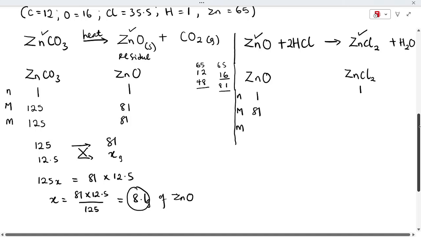For zinc chloride, zinc again is 65. There are 2 atoms of chlorine, that means 35.5 times 2. That gives us 71. That means we'll be having 136.